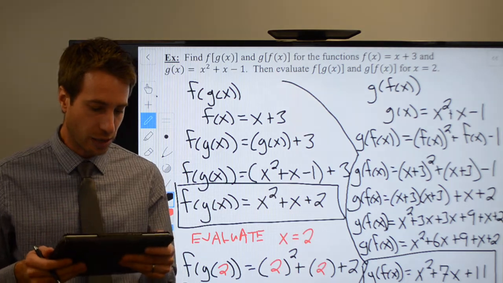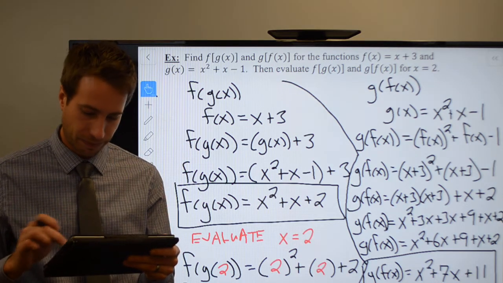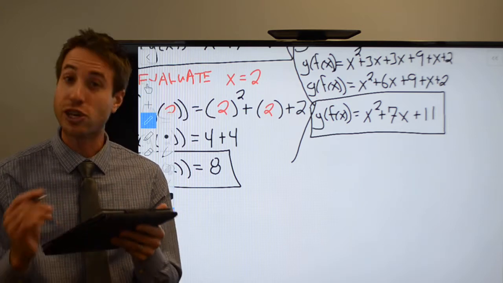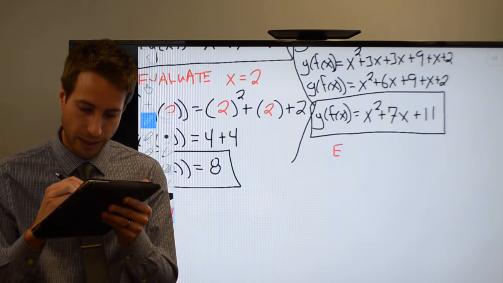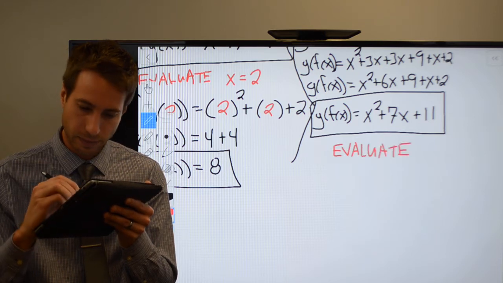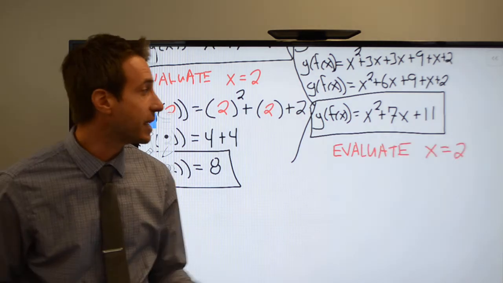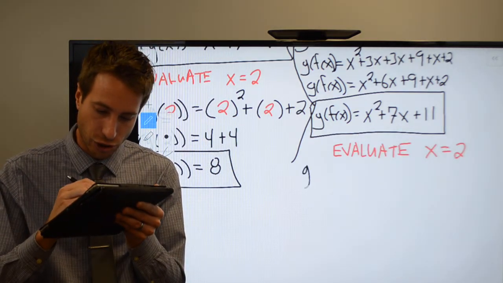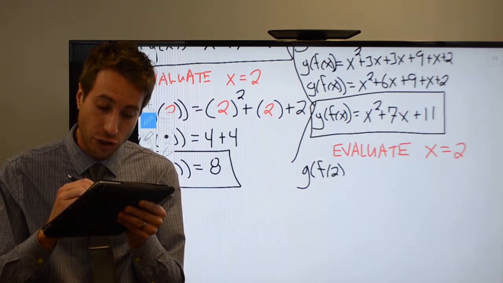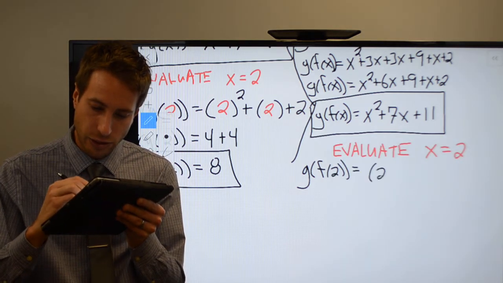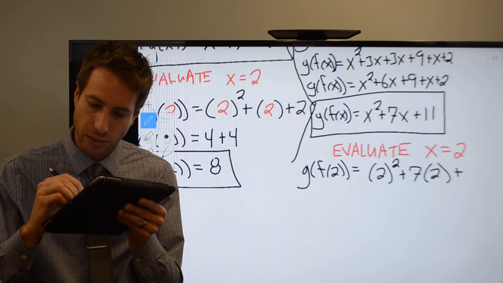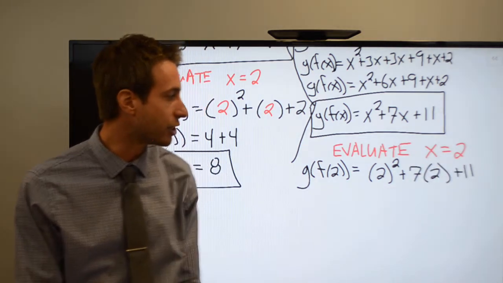Now I ask you to evaluate that function. So we're going to evaluate this function at x equals 2, which means everywhere I have an x, we're going to plug in a 2. So g of f of 2 means I'm going to have 2 squared plus 7 times 2 plus 11. 2 is my domain value.